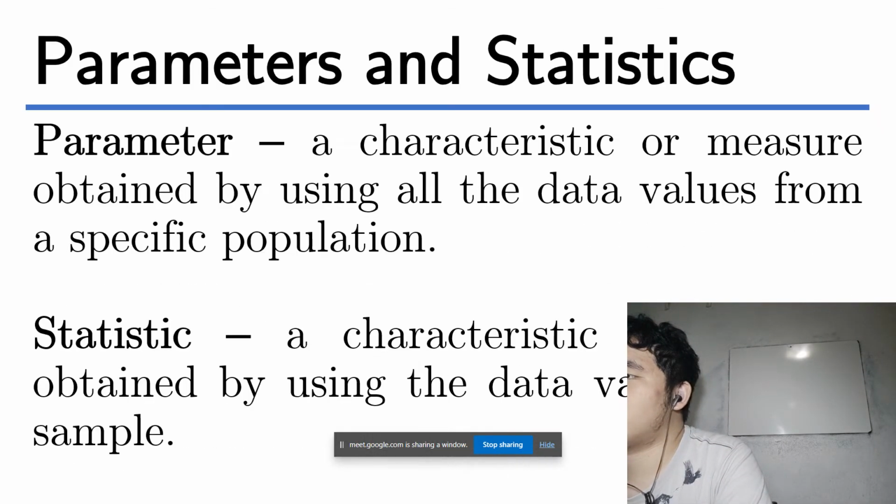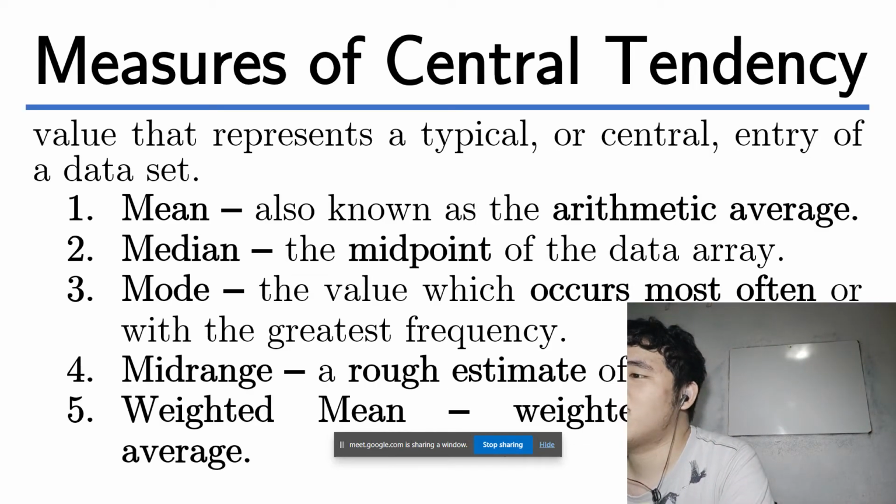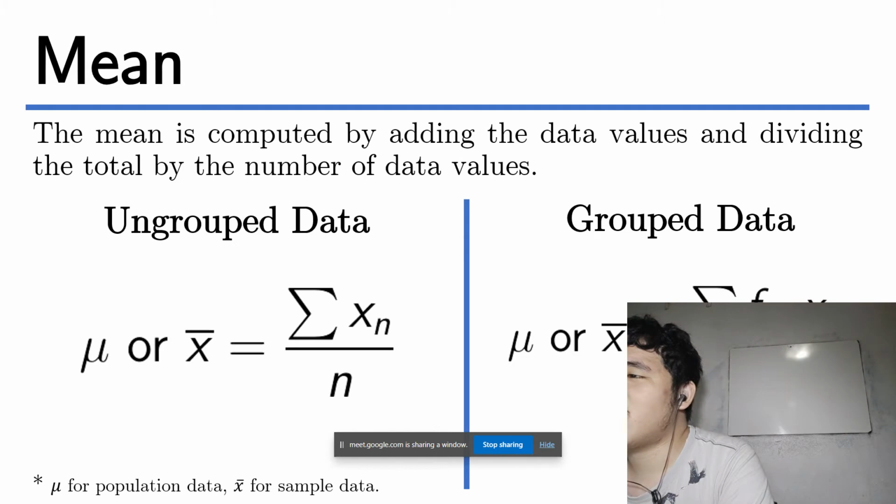Then, data description, parameters and statistics, no? Parameter, all data values from population, statistic, characteristic or measure obtained by using the data values from a sample. Summation notation, ano na yan, sum of all the terms na binigay sa inyo. Measures of central tendency, mean is the average, no?